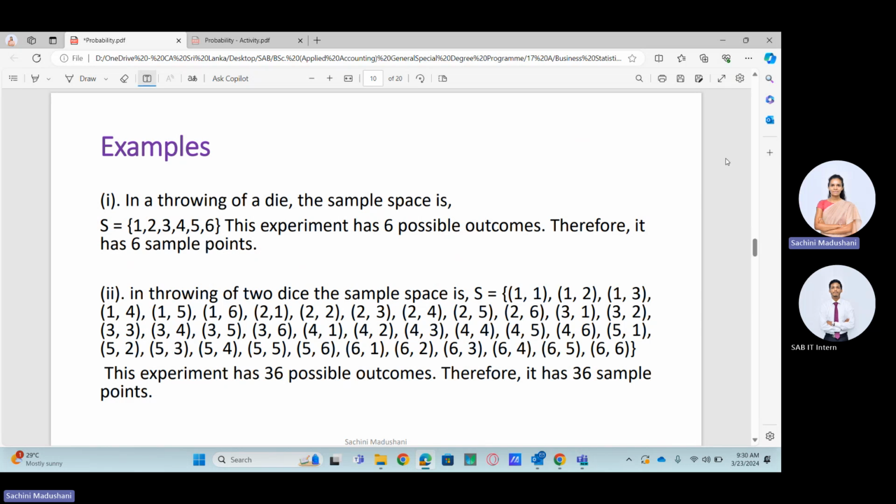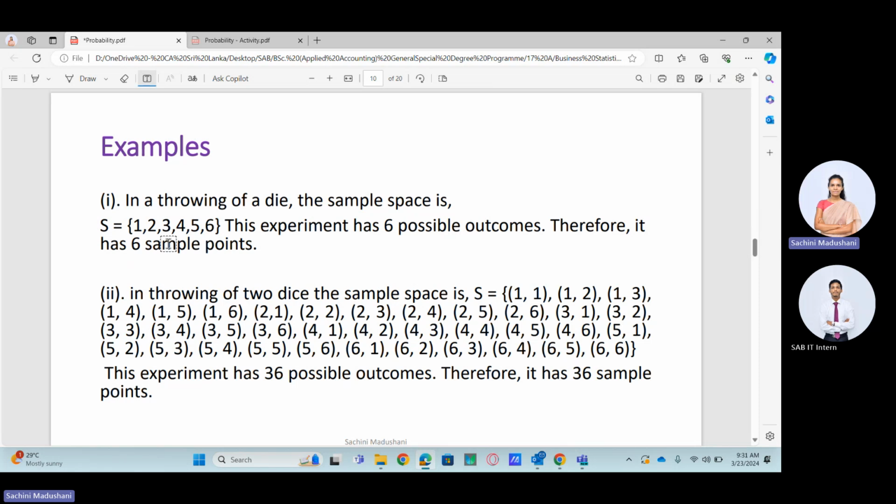In throwing a die, the sample space is the numbers 1 to 6. Already you know that. Here there are 6 possible outcomes. Then in rolling 2 dice, what is the sample space? First, for rolling only 1 die, the sample space is 1 to 6. Now we roll 2 dice. How many sample points here? 36.